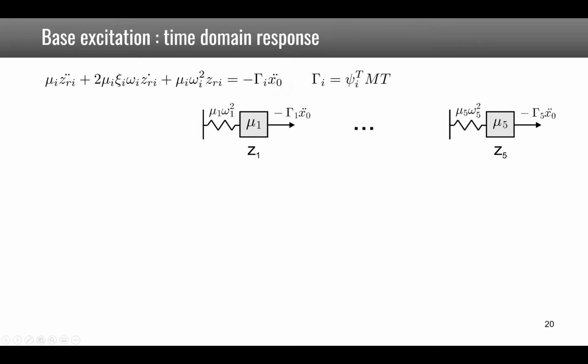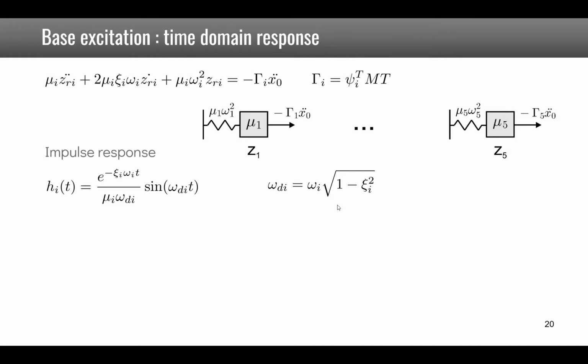So it means that we need to solve a set of equations which correspond to a 1 degree of freedom system excited by minus gamma i times the acceleration of the base. One way to do that is to use the impulse response of each of these 1 degree of freedom systems and to convolve it with the base acceleration, weighted by the modal acceleration factors.